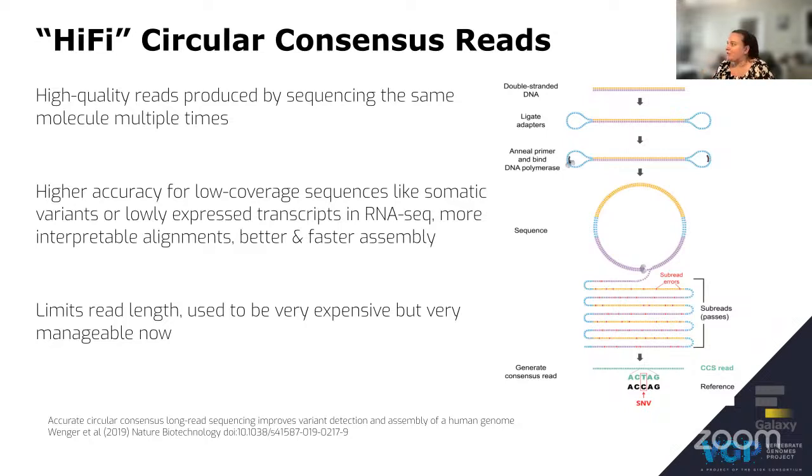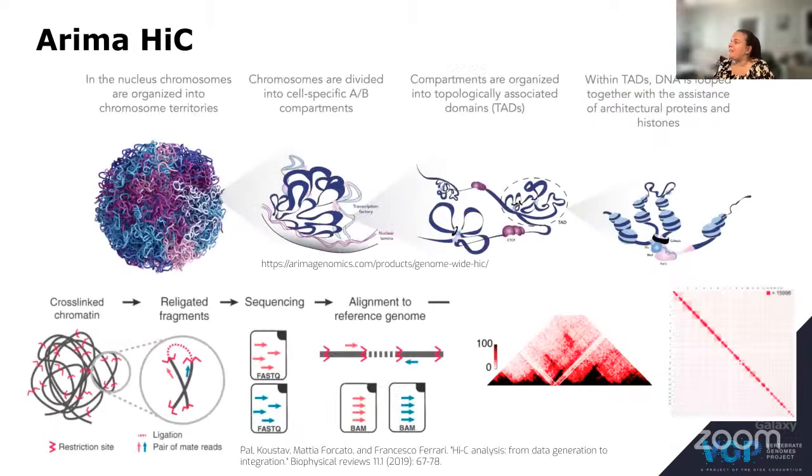The other main technology that we're using is Arima Hi-C. Hi-C is based on the principle that in the nucleus, chromosomes are packed together. One chromosome is packed together with itself.